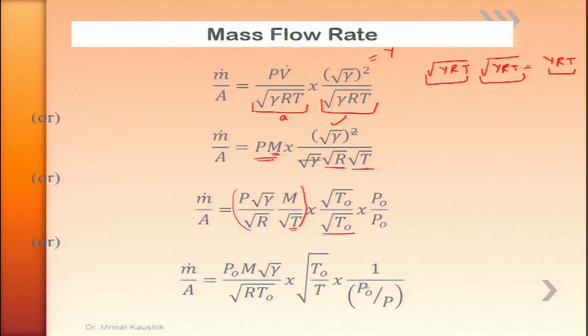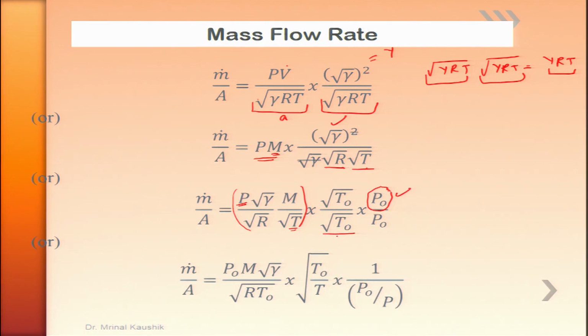That is my objective. And in place of this P, I will take up this P naught, because why I am doing this exercise is that P and T along the duct is changing. The constant thing for me for a given set of conditions is P naught and T naught.